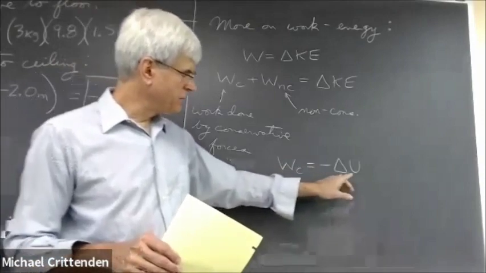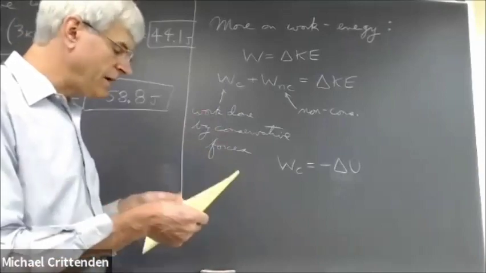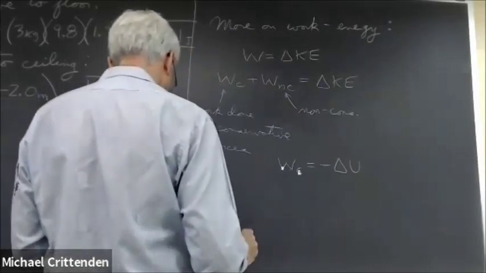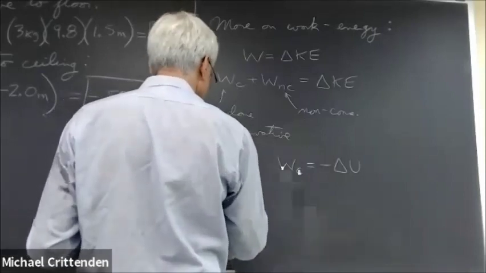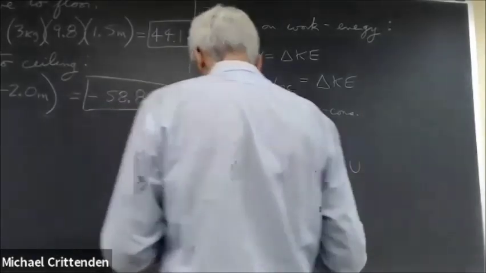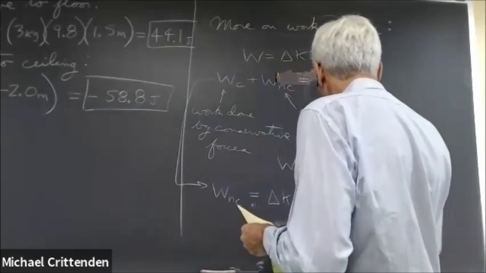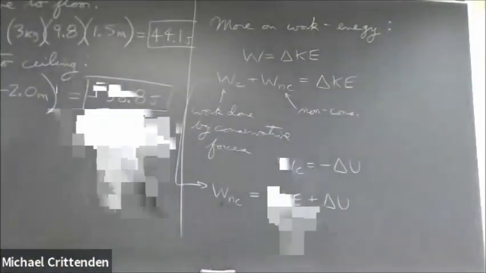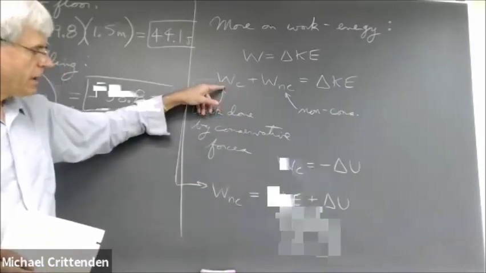Because if W is a positive number, delta U would be a negative number. U would be decreasing, and decreases are negative. Anyhow, substituting that into the work energy theorem, minus delta U here.